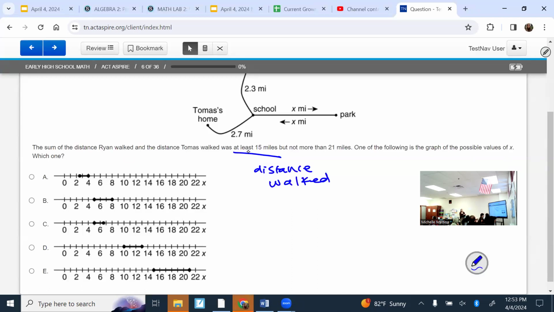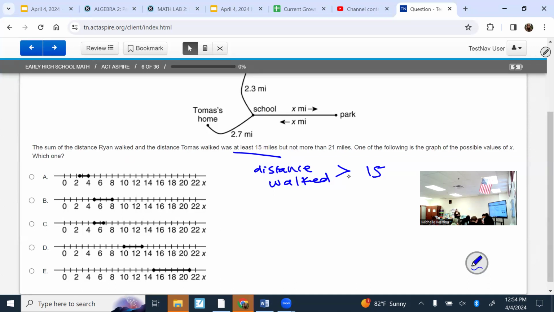If the distance walked was at least 15 miles, then can I use this symbol compared to the 15? Would this allow at least 15? If it's at least 15, it is allowed to be more than 15, so I can use that symbol. Can it be exactly 15?